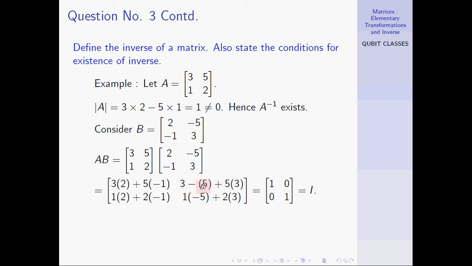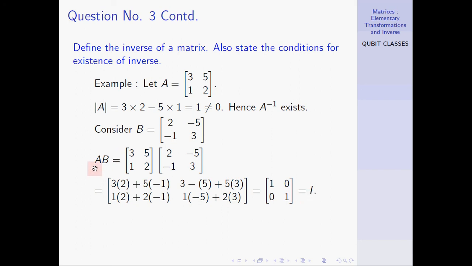So this is minus 15, sorry. So minus 15 plus 15 will give us 0. This 2 and this minus 2 will be 0. And this minus 5 plus 6 gives us 1. So this is an identity matrix. Okay.